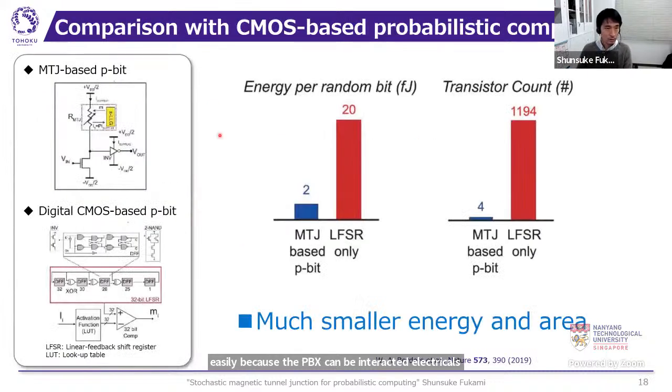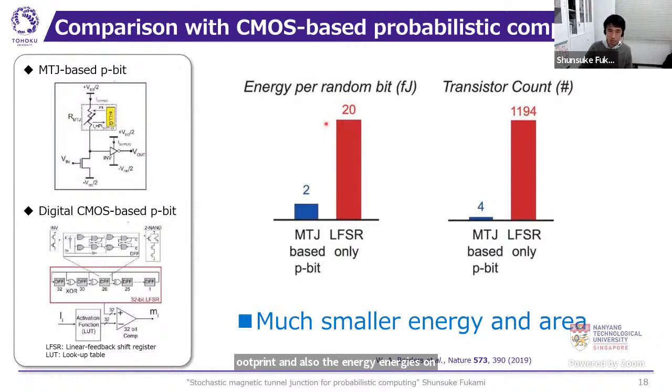Okay, and next I'd like to discuss the comparison with the CMOS-based probabilistic computing. As the previous speaker mentioned, the CMOS circuit can also generate skewed random numbers, but because the CMOS is a deterministic element, if you want random numbers with a certain length, you need a large number of transistors, which requires a large footprint and also energy.